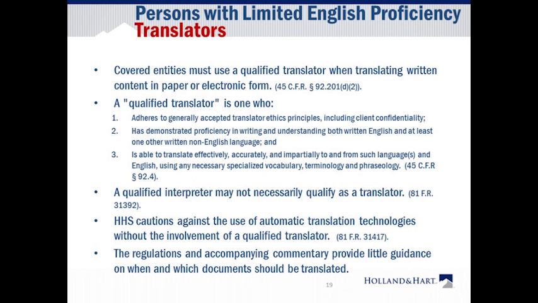Again, any kind of intake form, any kind of form that is an assessment that a physician or any other kind of medical practitioner is going to be relying on is typically one that should be translated.